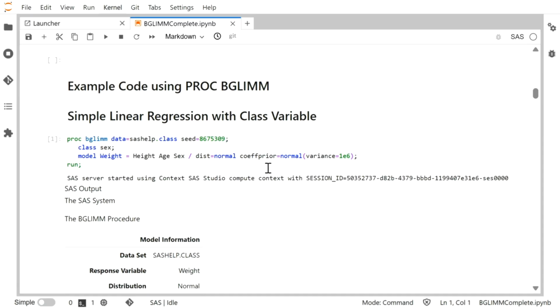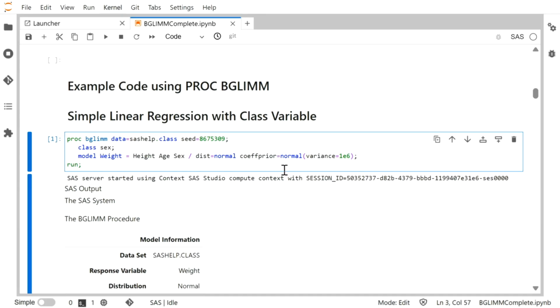Here's where I can make a little bit of a switch. Coef prior: what is the prior for my coefficients? Normal, you get the 0 mean for free, but here I'm doing the 1 million trick. If anybody's ever taken any of my other talks, I always talk about a minimally informative prior. Think about a normal distribution centered on 0.